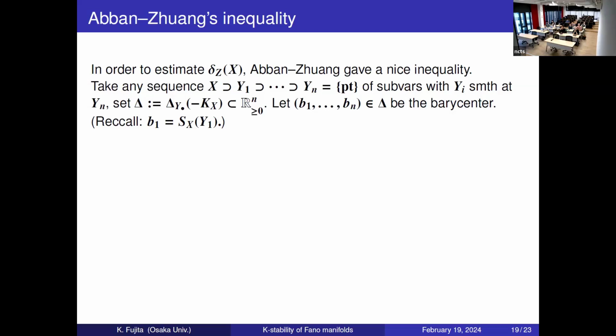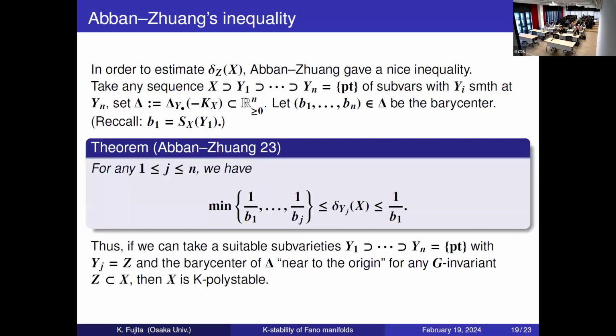And surprisingly, Abban-Zhuang show that for any codimension j, the local delta invariant of Y_j is bounded by the following. The right-hand side inequality is trivial. This is smaller than or equal to A_X(Y_1) over S_X(Y_1), that is 1 over b_1, since the log discrepancy of Y_1 is 1 and S_X of Y_1 is b_1.